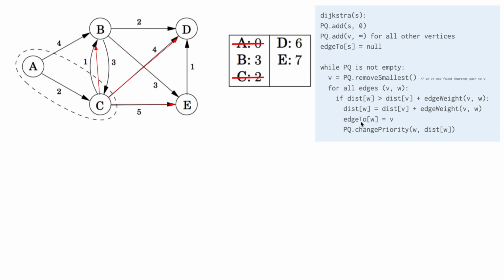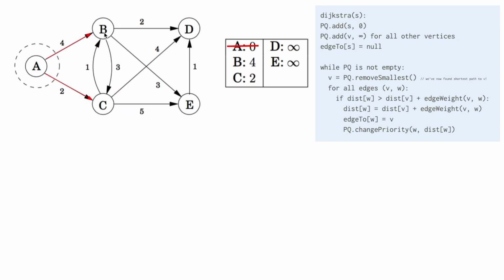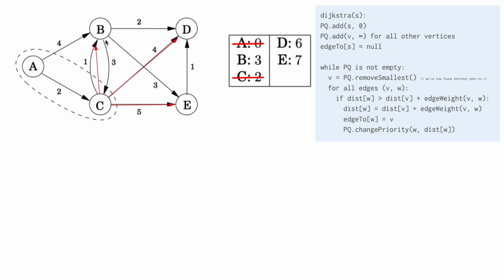And we're going to change its edge to be C. So now we're saying we're getting to B from C. Note this is a change because in the previous iteration we said we got to B from A. Now we know we got to B from C. So you can see how Dijkstra's is updating the shortest path it knows so far. It's only once we remove that vertex from the priority queue that we've found the shortest path.